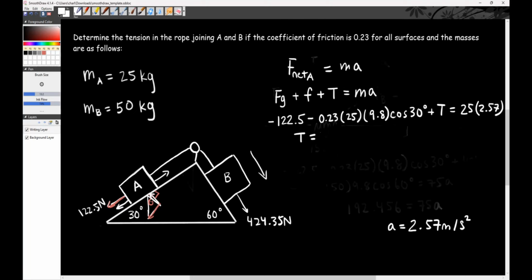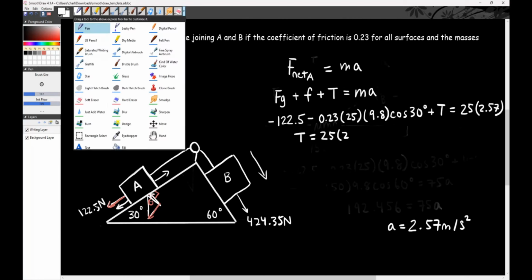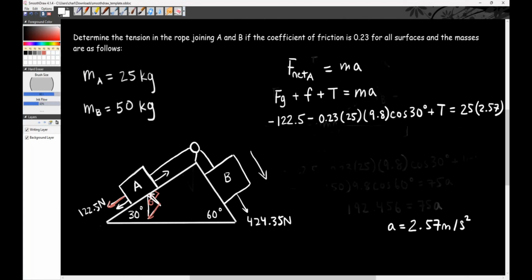The T is going to be 25 times 2.57. Actually, you know what? Let's calculate this first. Negative 122.5 plus 0.23 times 25 times 9.8 times cos 30. That's negative 73.7.